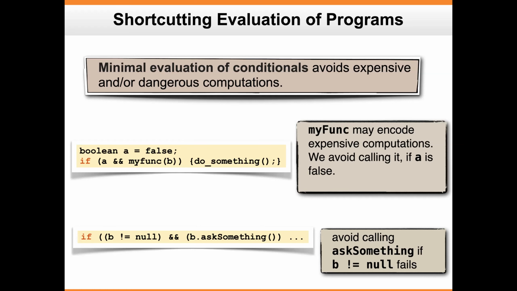There are two examples in this slide. In the first example, we have this if A and some function myFunction B, and assuming that my function may encode very expensive computations, we avoid calling it at all if A is false. And in the second example, we avoid doing something potentially dangerous, so calling a method on a variable B, which is null, which is not initialized.